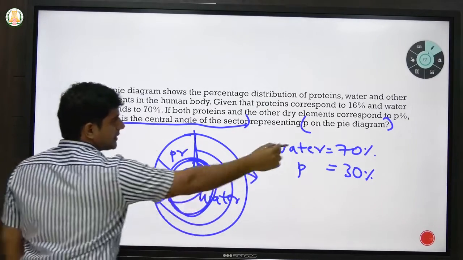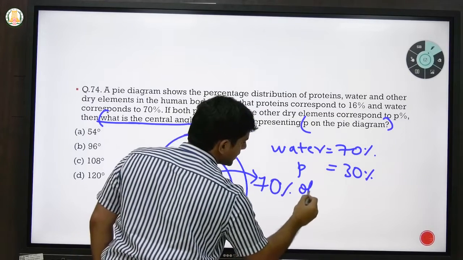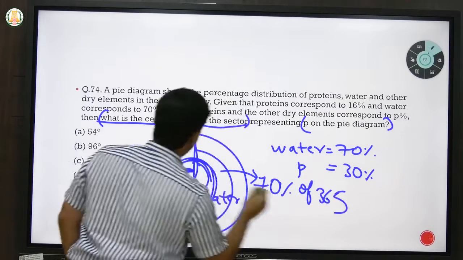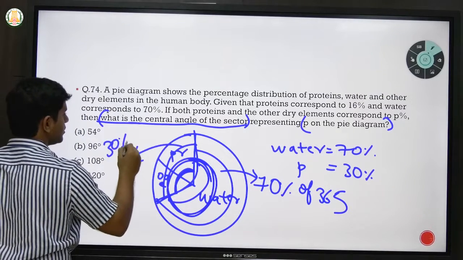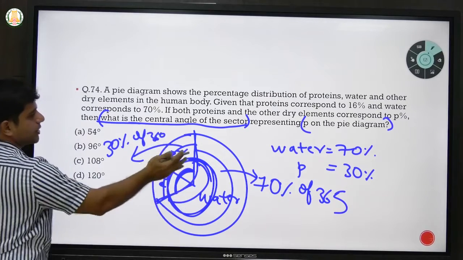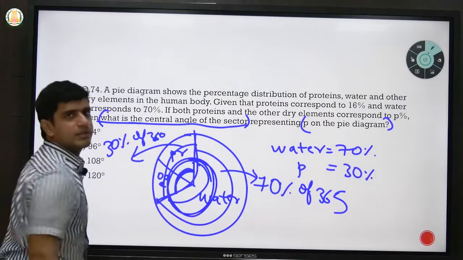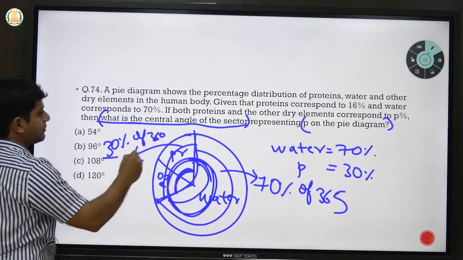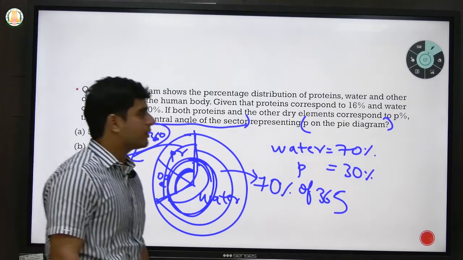Proportional to the percentage we have seen. So this will be 70% of 360, and this particular thing will be 30% of 360. This is a smaller angle, so it will be 30% of it. This is a bigger angle, it is 70% of 360. So now we have to just find out 30% of 360. Understood? This is the crux of the question.